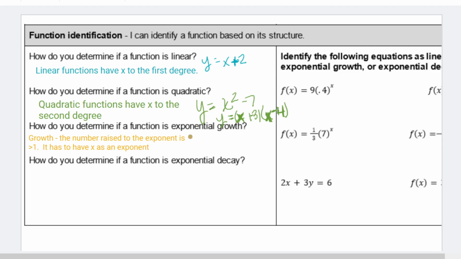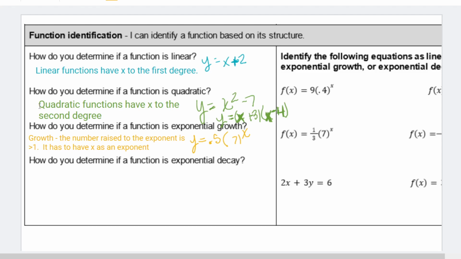Generally you see y equals a times b to the x is exponential. So you could have 0.5 times 7 to the x. As long as this number that's being raised to the x is bigger than 1, you're good to go. And notice it's exponential because the letter x is an exponent.